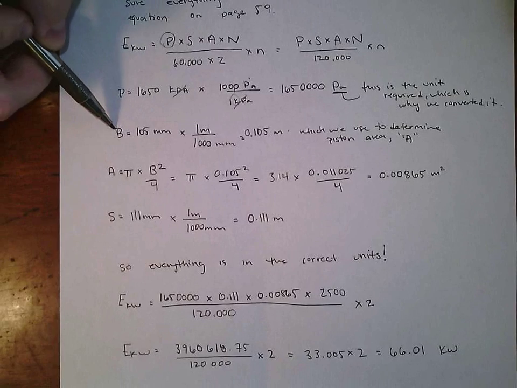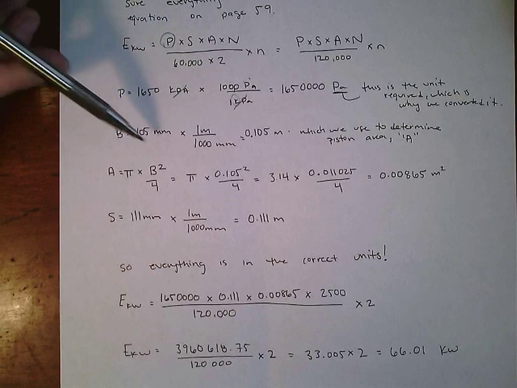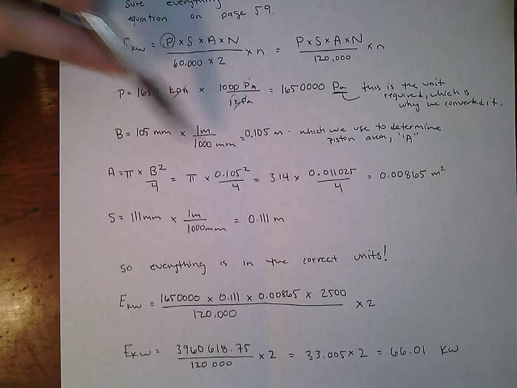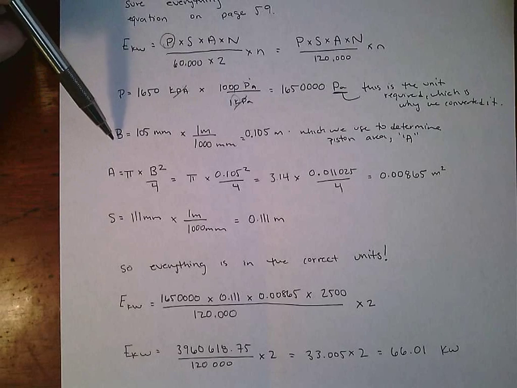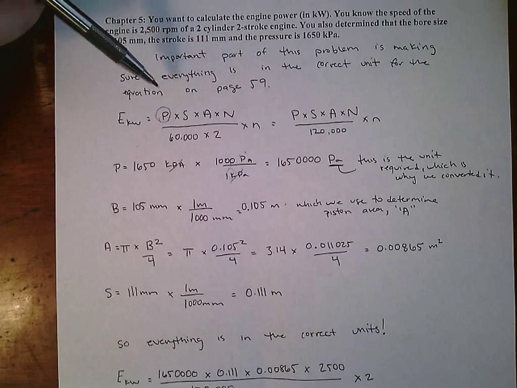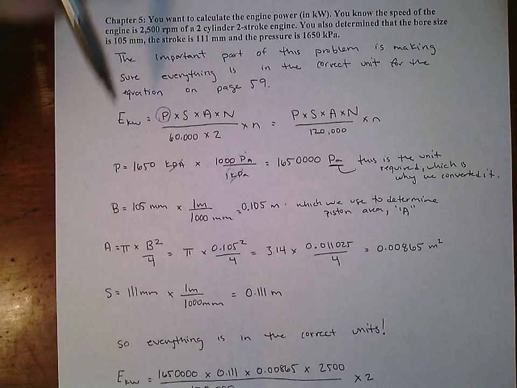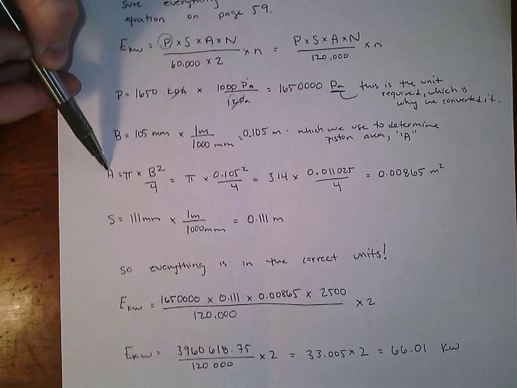Similarly, to calculate the B, we need to get B into meters, which we need for area. We're trying to get the area of the bore size because we need to figure out the actual area of your piston given the bore size, and this equation is also found in that example on page 59.